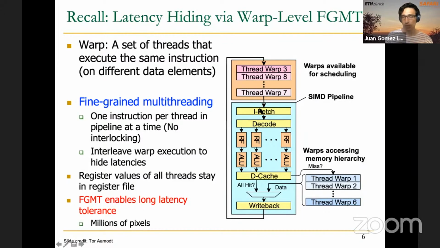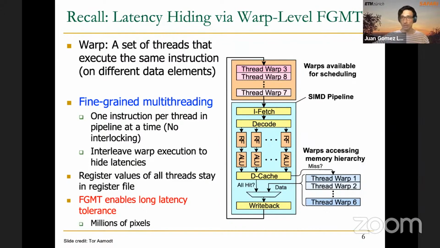after starting the execution on the SIMD pipeline, and here you can identify the different stages of the pipeline, there might be some operations that take longer. For example, memory accesses in case that we have a miss in the cache hierarchy. In that case, the warp needs to go to memory and bring data, one cache line or maybe multiple cache lines, from memory.